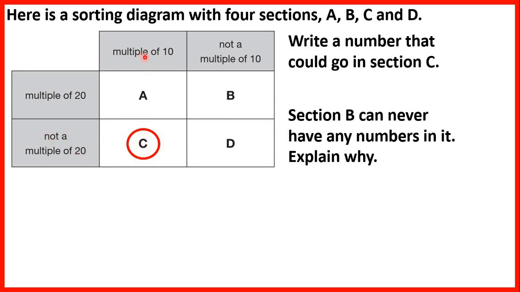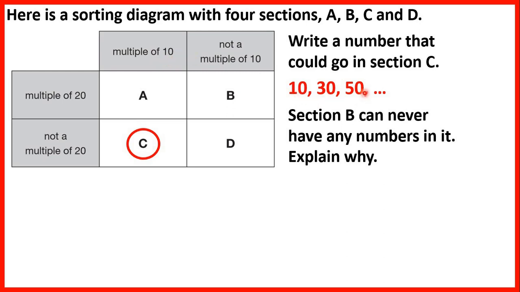Remember, a multiple of a number is in that number's times table. So multiples of 10 are numbers like 10, 20, 30, 40, and so on, and multiples of 20 will be 20, 40, 60, 80, and so on. So the numbers 10, 30, 50, 70, many more possibilities could go in section C, because these numbers are multiples of 10.